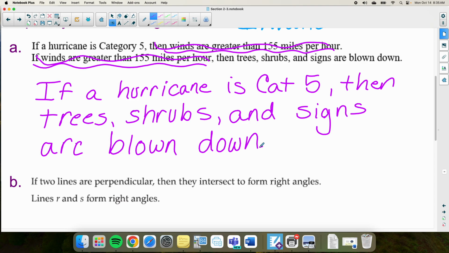So if you can write a valid conclusion, you write it. If you can't, then you just write invalid.